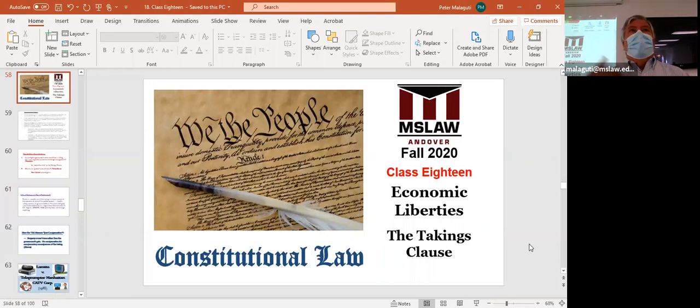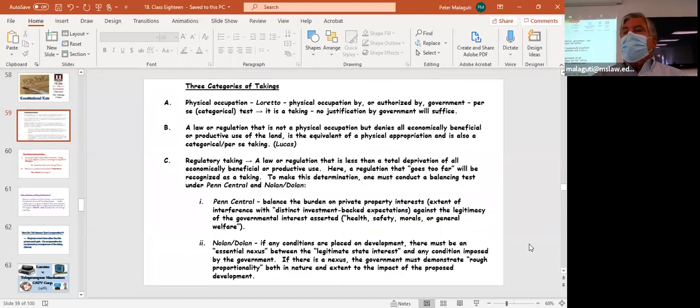And the Fifth Amendment ends with, and I might be off by a word or two, nor shall private property be taken for public use without just compensation. Okay. And once again, it sounds like it's fairly absolute, but of course, nothing is.